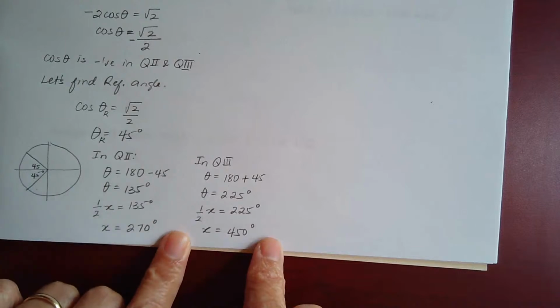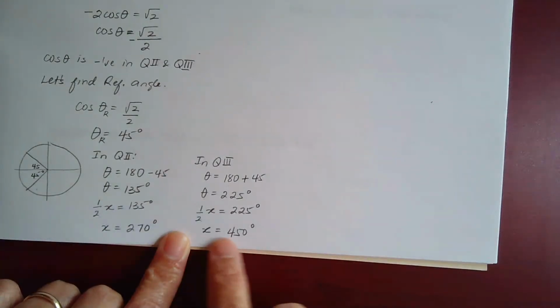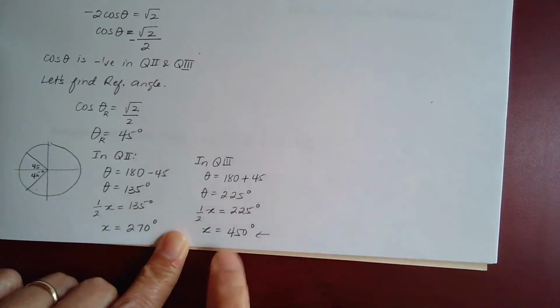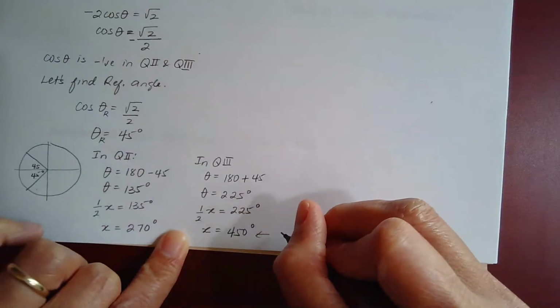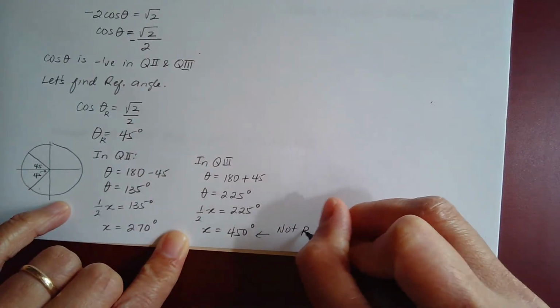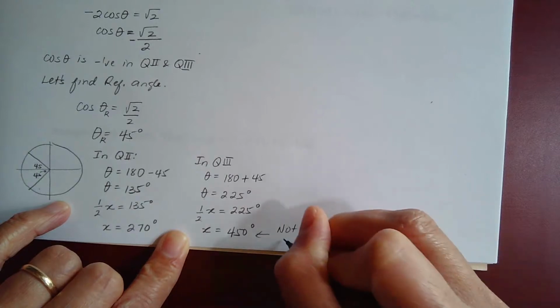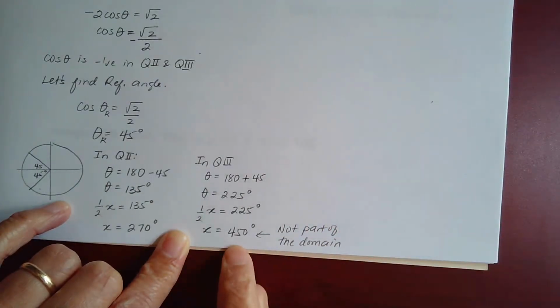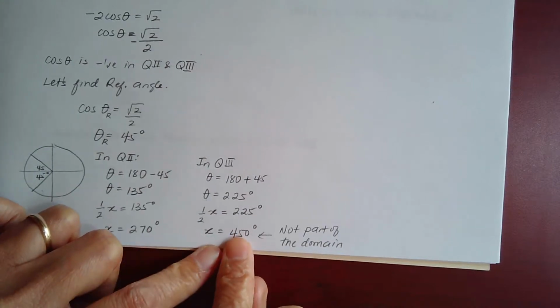But 450 is outside the domain. It would be a correct solution if we didn't have the domain, but because we have a restricted domain, it's not part of the domain, so we're not going to consider that as our solution.